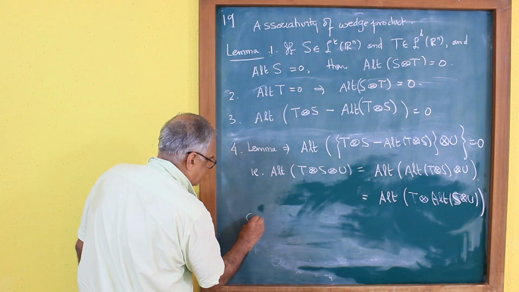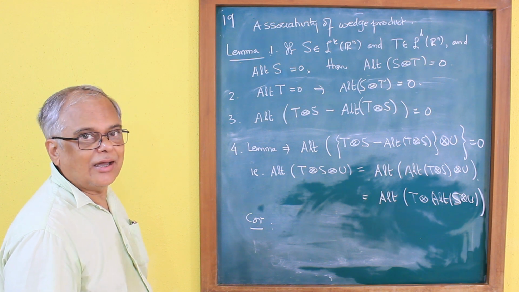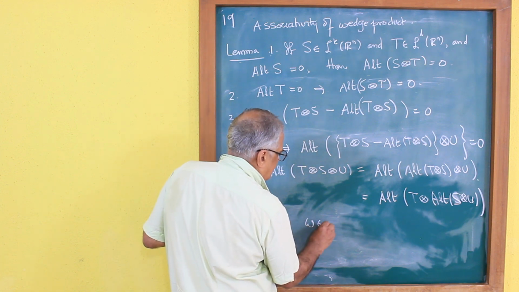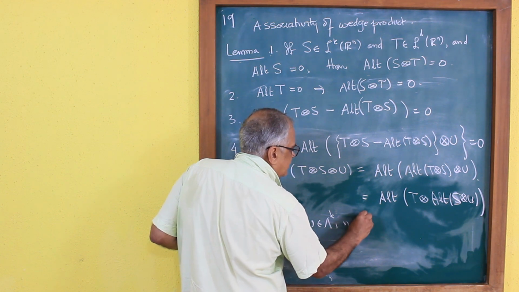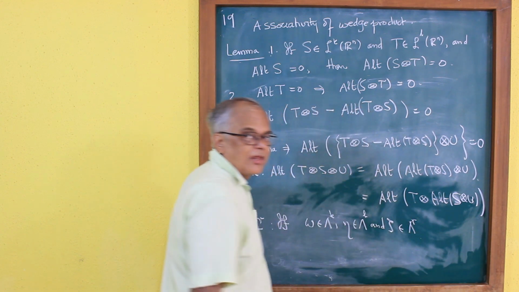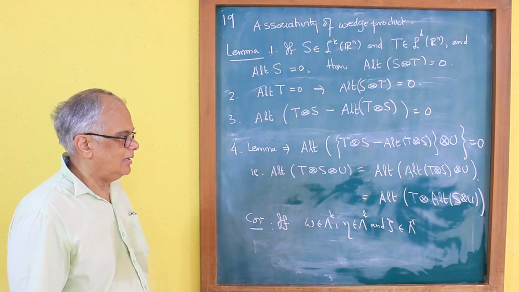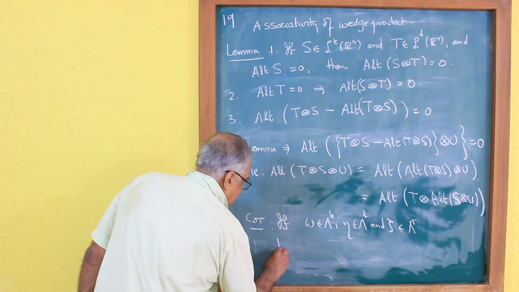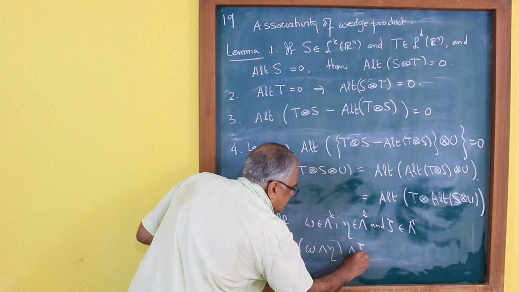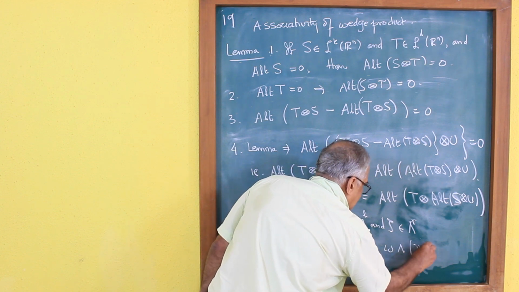And an immediate corollary to this will be that if omega is in lambda K, eta is in lambda L, and zeta is in lambda R. So you take three forms: omega in lambda K, eta in lambda L, and zeta in lambda R. Then omega wedge eta wedge zeta is equal to omega wedge eta wedge zeta.